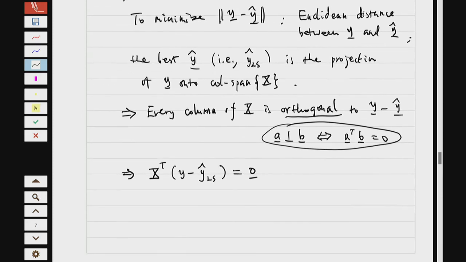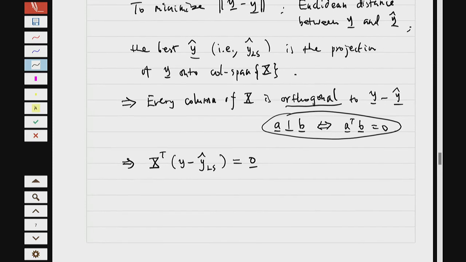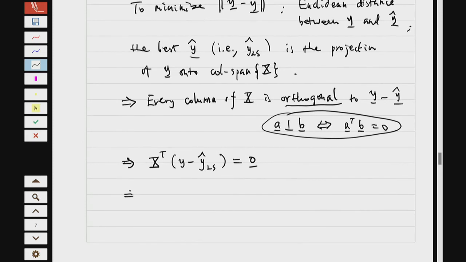The dot product has to be 0 for every single column. And that means, because our y hat is equal to X times W LS, this has to be equal to 0.